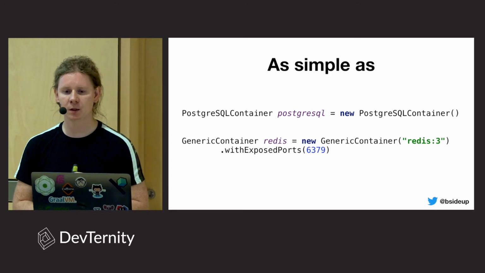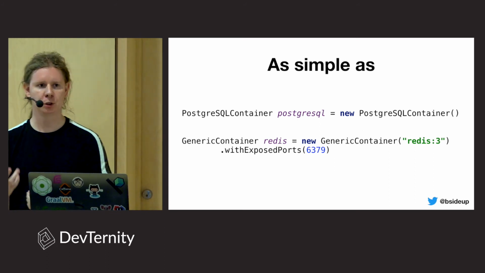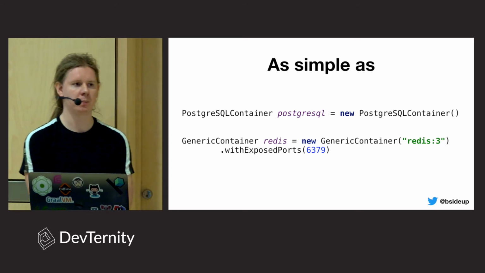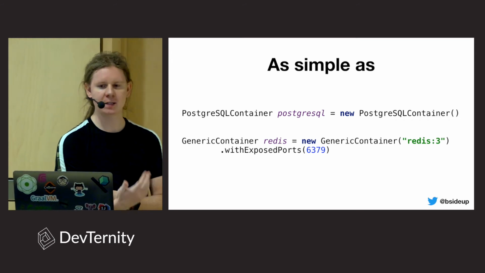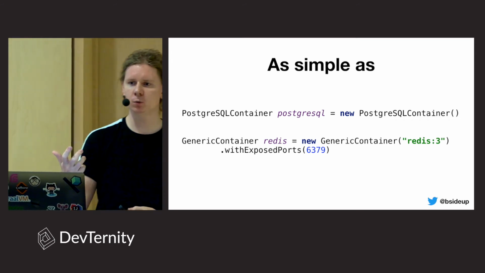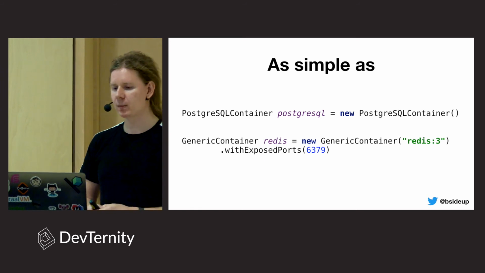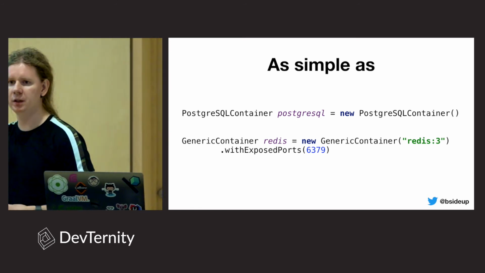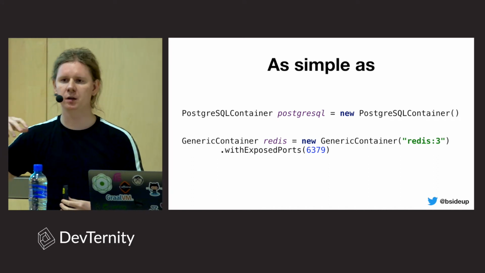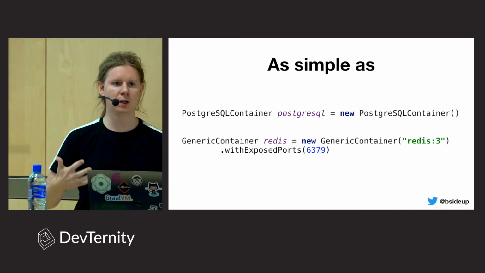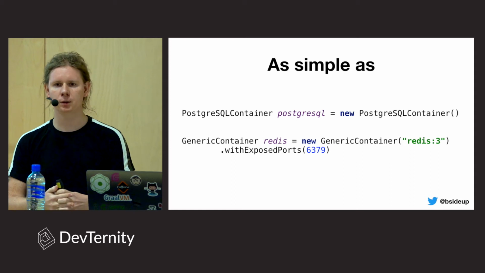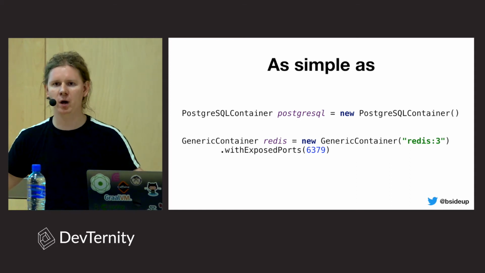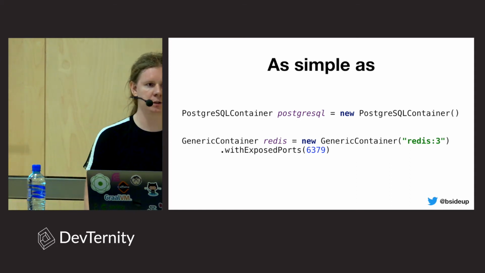And in Java, we got used to objects. We create them and we use them. And Testcontainers is as simple as that. We create the object, we use it. Then, as you can see, we have some specialized containers like PostgreSQL container, because some containers are not easy to run, but we also have an option to run any Docker image you have by using generic container.